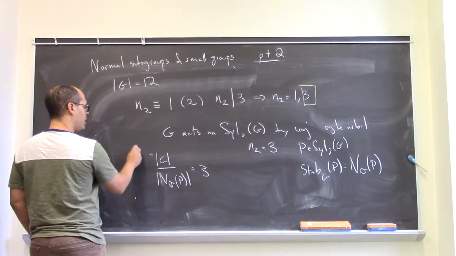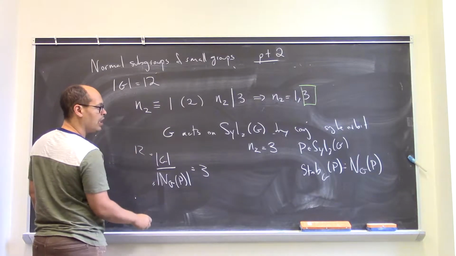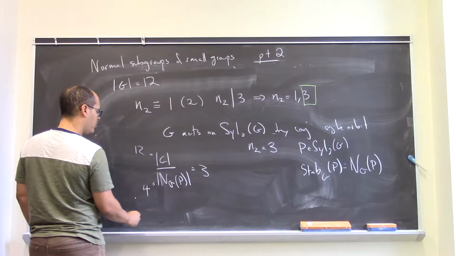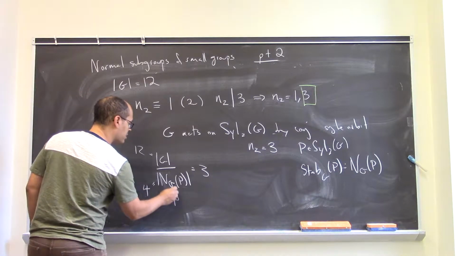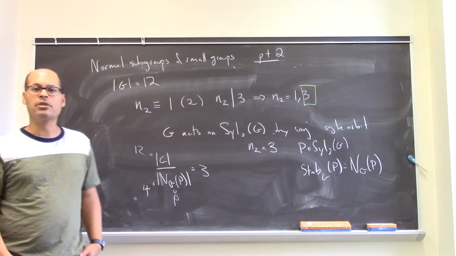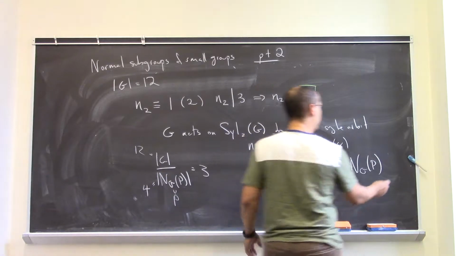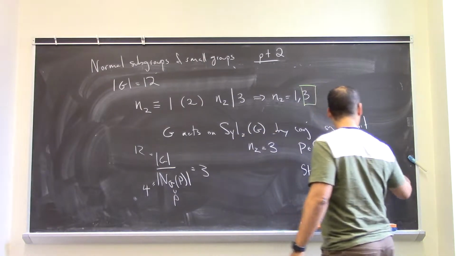The order of G is 12, so the normalizer is therefore 4. Of course, P is contained inside the normalizer, so the normalizer is a Sylow 2 subgroup itself. It is P.